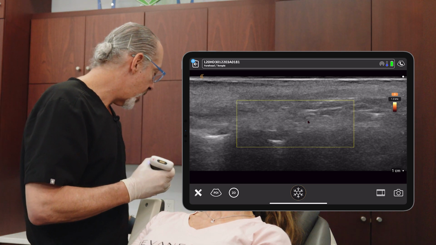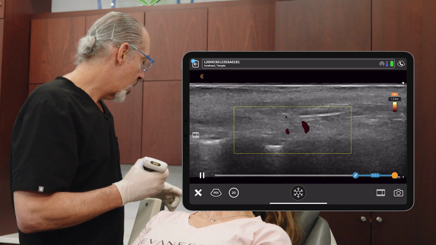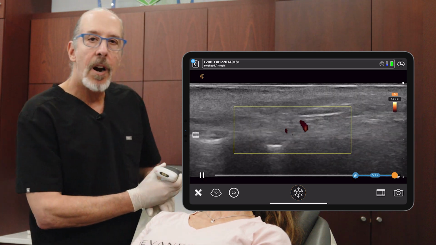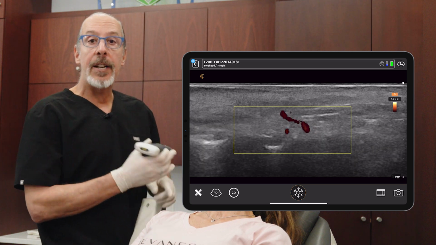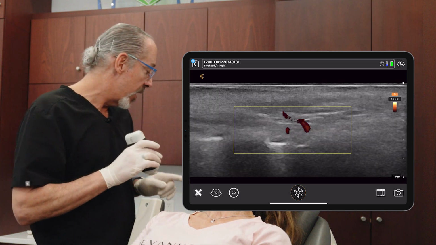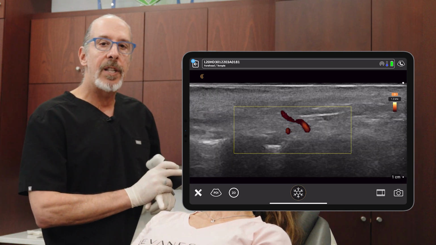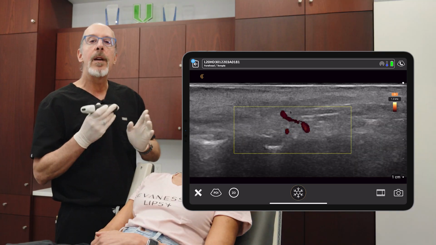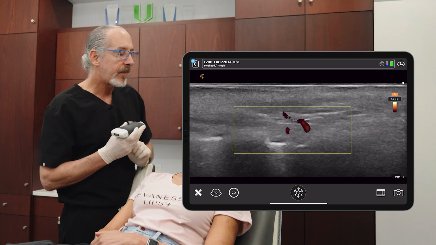So what we're seeing here is the supraorbital artery, and often it actually has two branches coming out, and we can see that there's two branches in this case. It's usually in the mid-pupillary line.